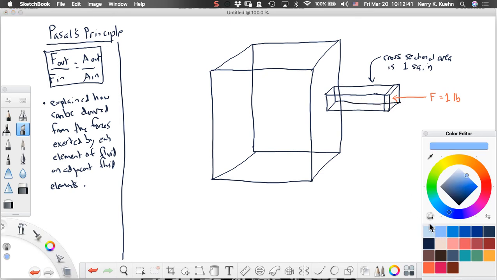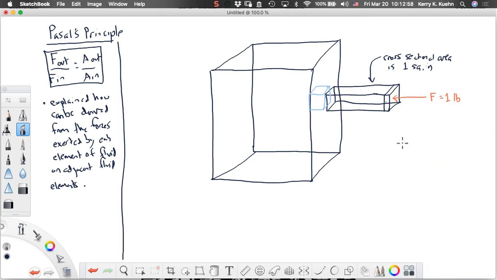So let me draw a little piece of fluid. I'm going to draw a 1 cubic inch piece of fluid that's right at the end of this. Of course, this entire region is filled with fluid, but I want you to think about what's happening on each piece of fluid.